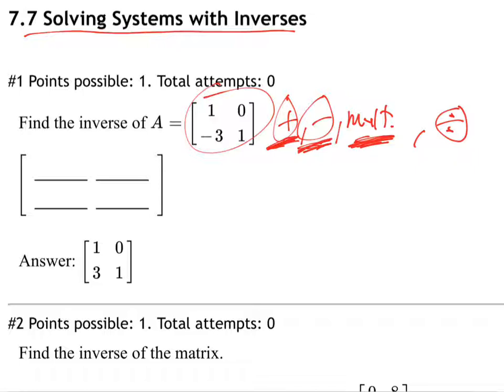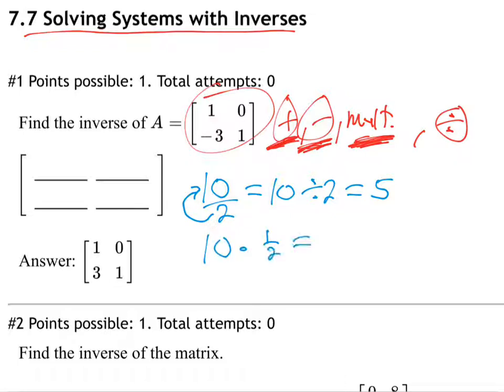When I take a number like 10 and I divide it by 2, 10 divided by 2, we know the answer is 5 because 2 goes into 10 5 times. Well, if you think about it, dividing by 2 is the same thing as multiplying by 1 over 2, right? Half of 10 is also 5.